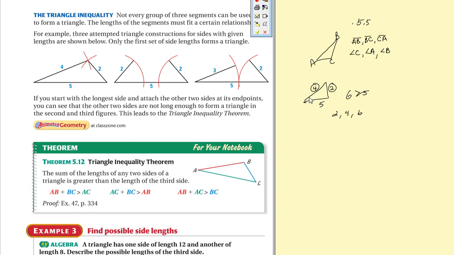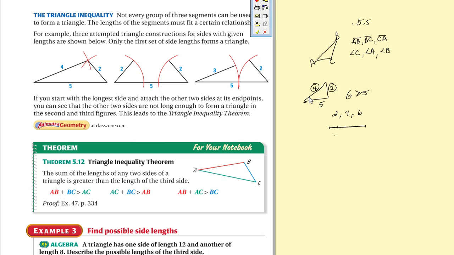But this 2 plus 4 stops us from making a whole triangle, because if we draw a line that's 6 long and then we draw a line that's 2 long and a line that's 4 long, you can see that it won't make a triangle because these are just too short to pop up to make the third angle.